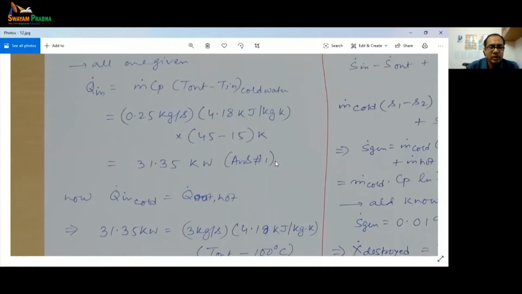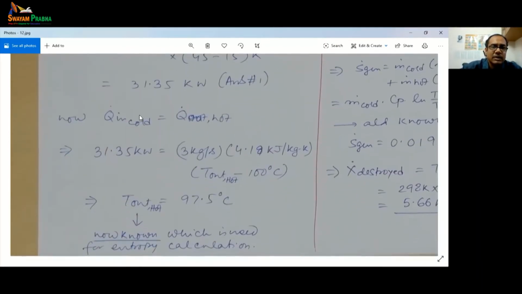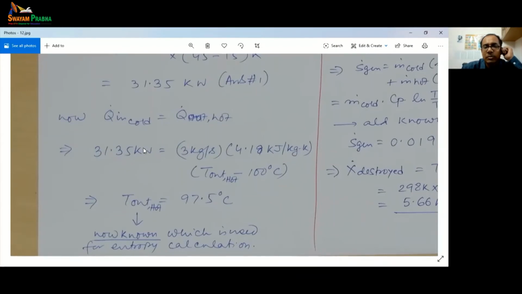Okay, so that we got. Now if we use this energy balance, whatever this cold stream energy input rate is, that is equal to the hot stream energy loss rate. So this 31.35 kilowatt will be the same for the energy lost by the hot stream, and for the hot stream what we don't know is the outlet temperature.